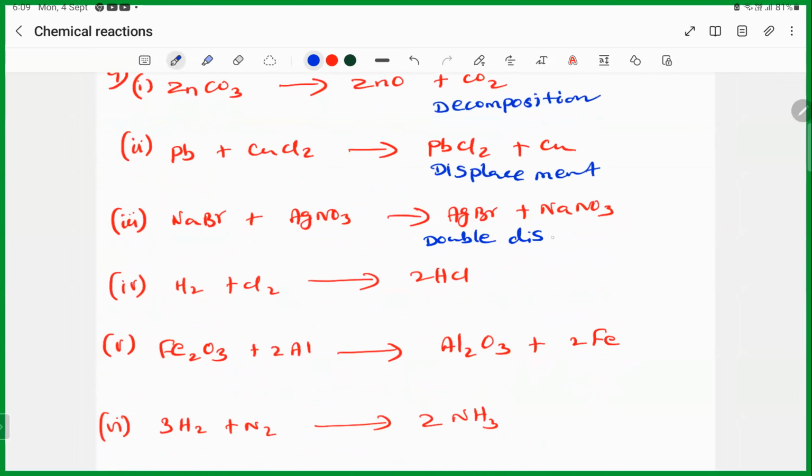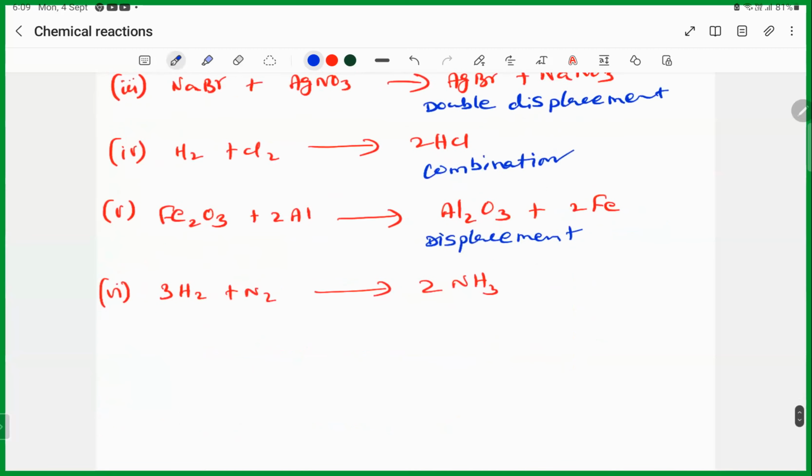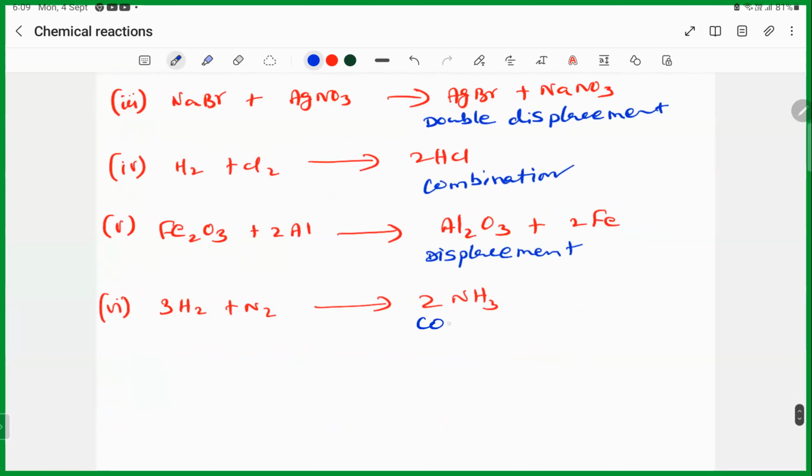Whenever you are forming the precipitate, it becomes double displacement. Fourth, combination. Fifth, displacement. Sixth, combination. Very good.